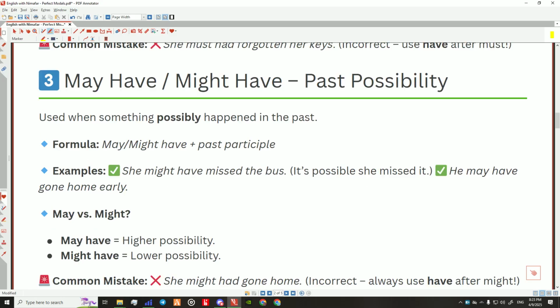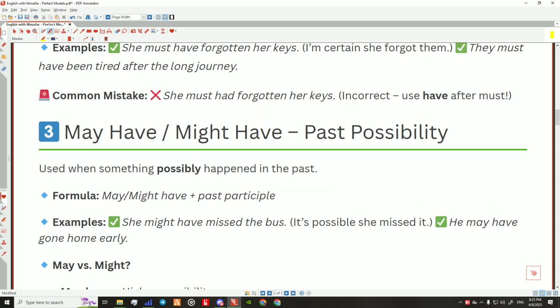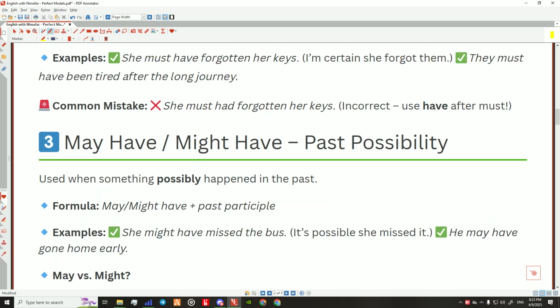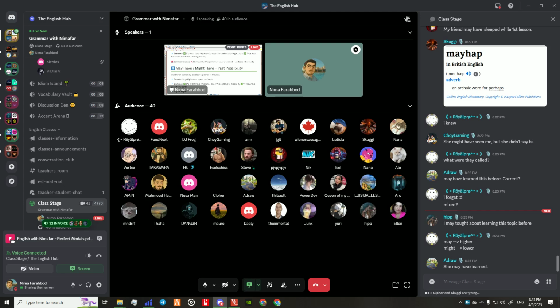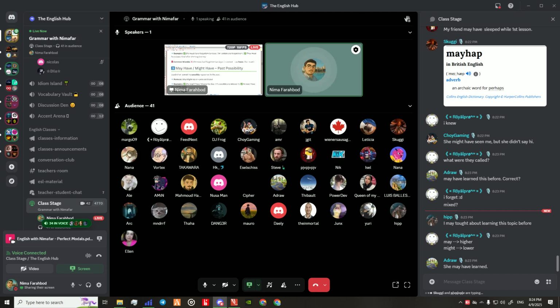Anyway, next one. May or might. So what's the difference between may and might? She may have missed the bus. She might have missed the bus. What is the difference? She may have learned. I may taught. Can I say I may taught? Is it correct?